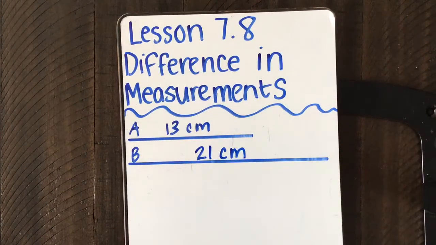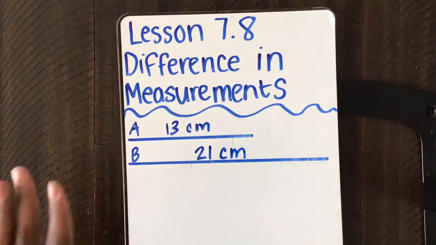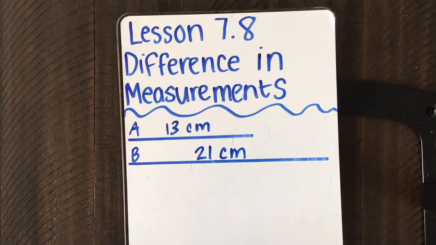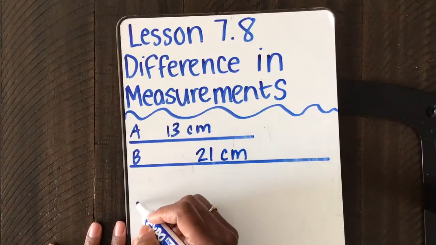So now I need to write my number sentence. And as you can see, this one is flip-flopped. So don't let that trick you. You always start with the largest number. In this case, the largest number is 21.